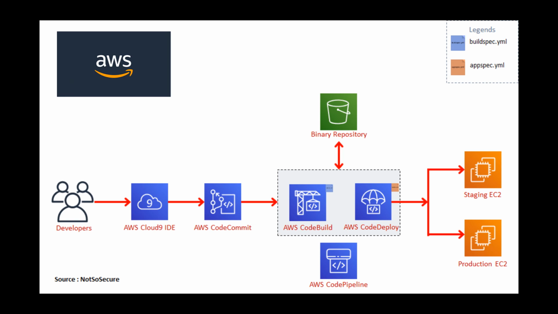an appspec.yml file. Finally, the developers have AWS CodePipeline, which orchestrates the various build and deploy stages defined in CodeBuild and CodeDeploy, giving them a fully managed continuous delivery service.